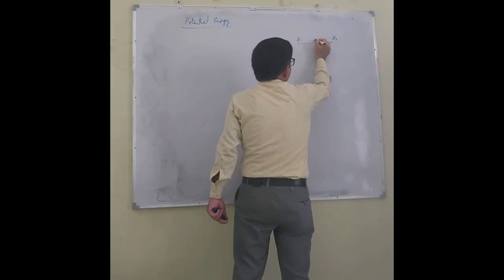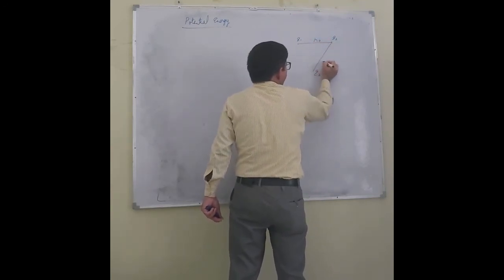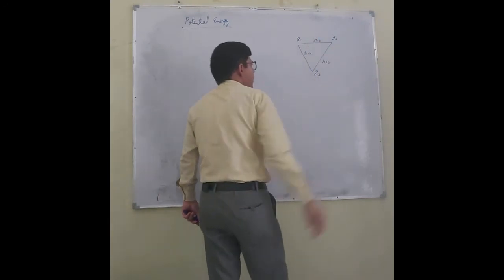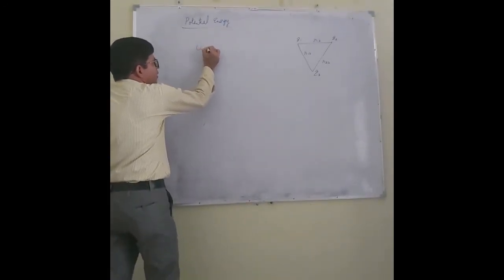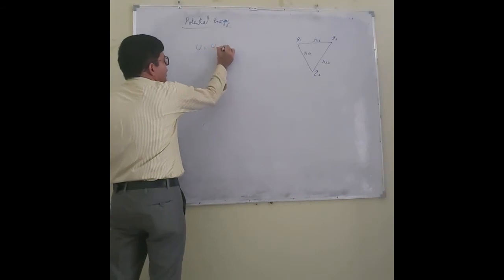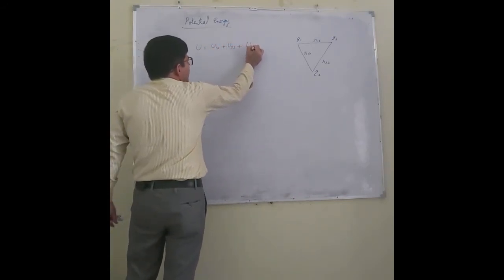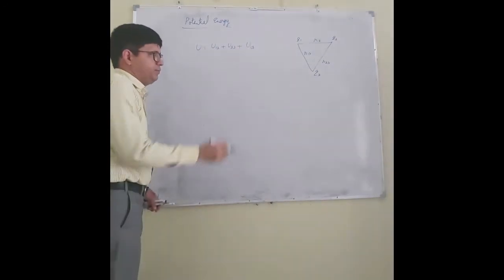Separation between Q1 and Q2 is R12. This separation is R23, and Q1 and Q3 separation is R13. What is the potential energy of this system of charges? Potential energy of Q1 and Q2, potential energy of Q2 and Q3, potential energy of Q1 and Q3.